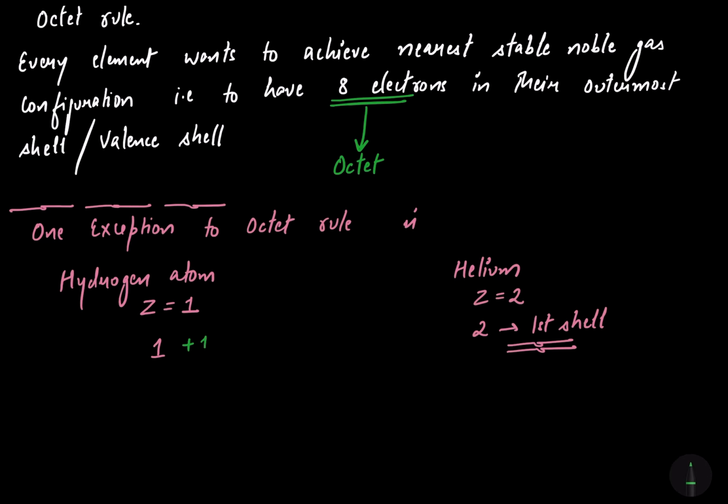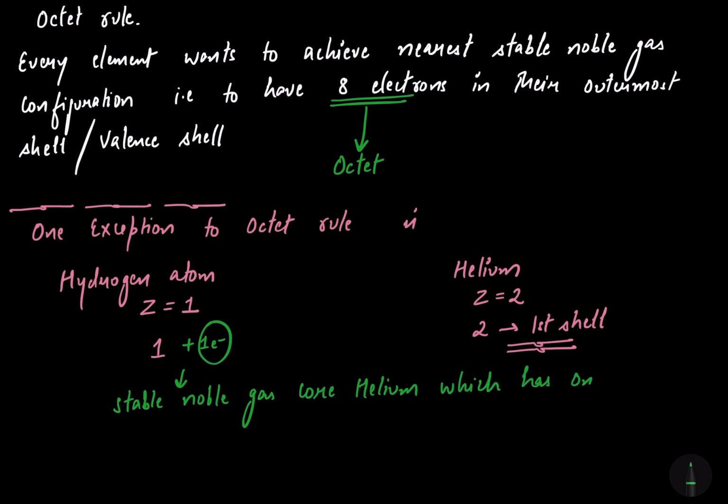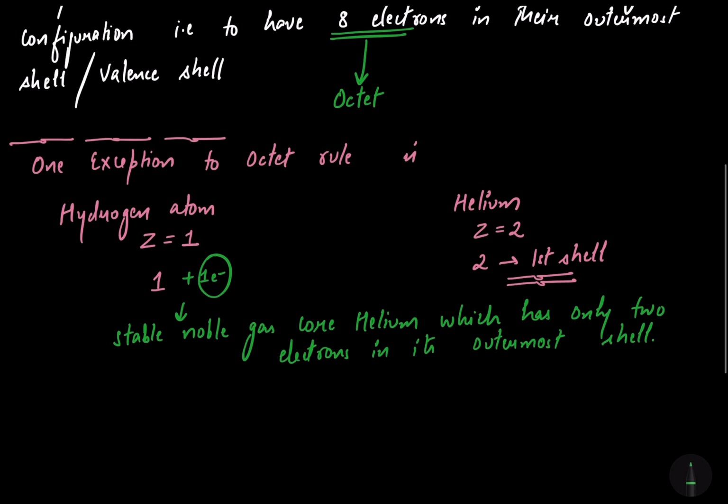Hydrogen needs only one more electron, either by gaining electron or by sharing electron, to have stable noble gas core of helium gas, which has only 2 electrons in its outermost shell.